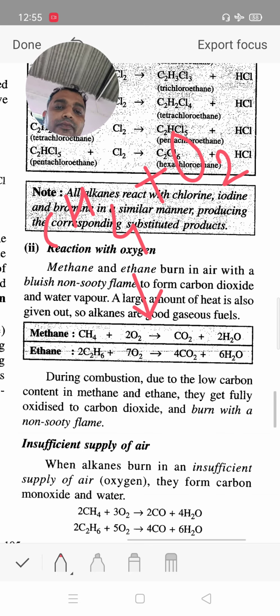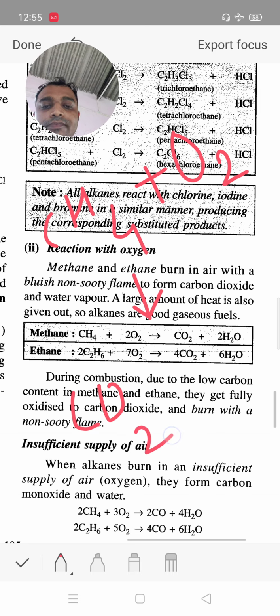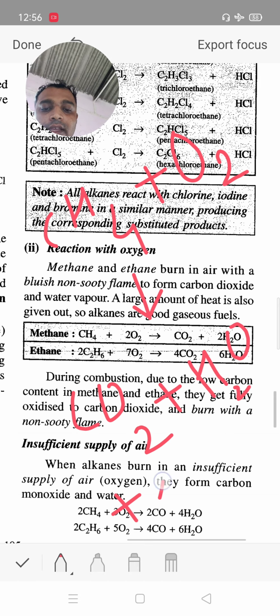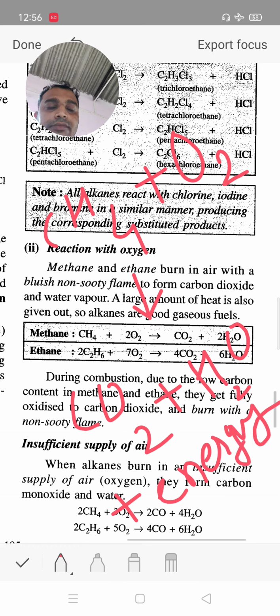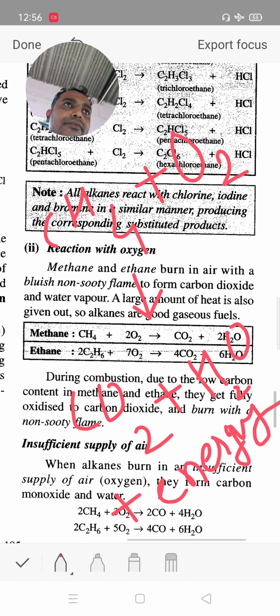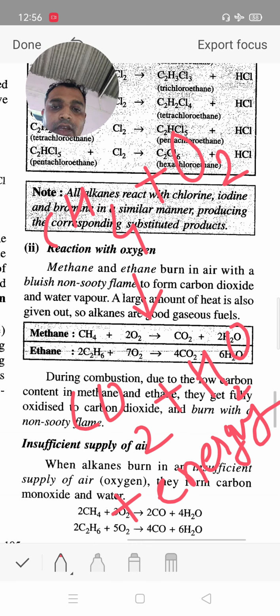Next, combustion of methane. When methane burns with a supply of oxygen, it produces carbon dioxide, water and energy. With a supply of air, methane gas oxidation gives carbon dioxide, water and energy.